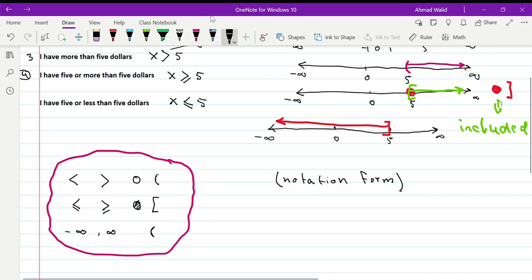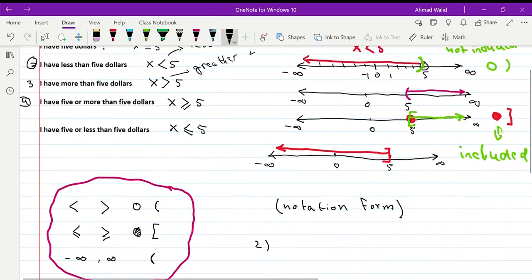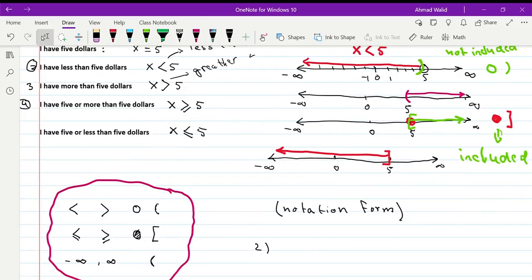Look at this. How easy is that? For sentence number two, I have less than $5. When you write your answer, you have to use these two numbers to write your answer, correct? Starting from negative, you see the red line is starting from negative infinity to 5.